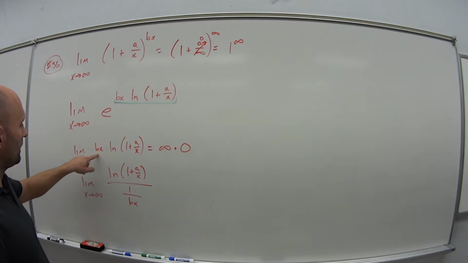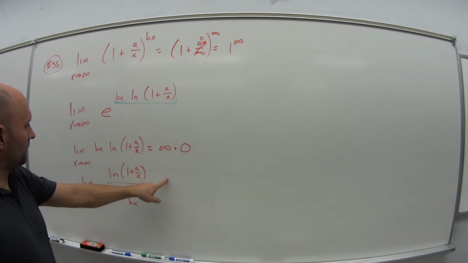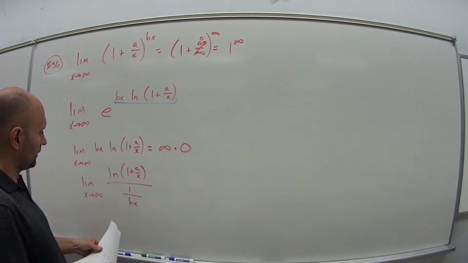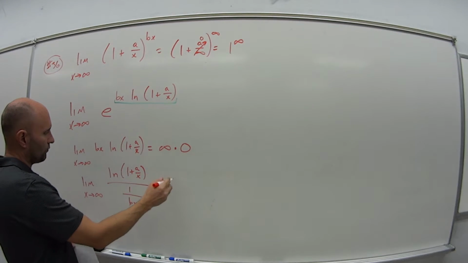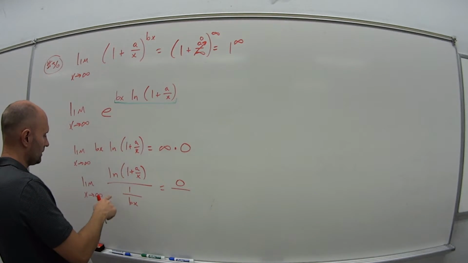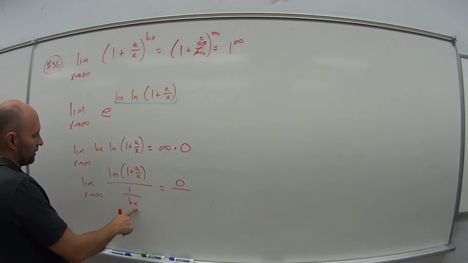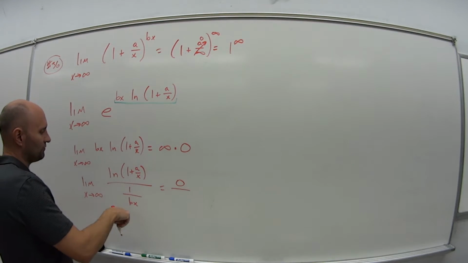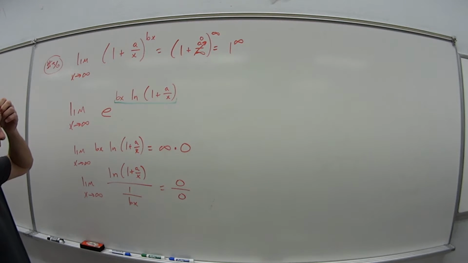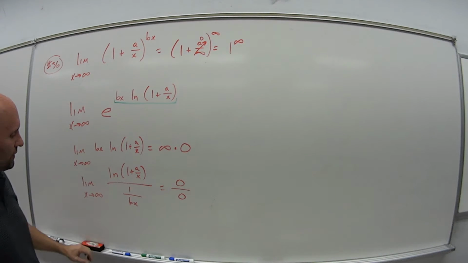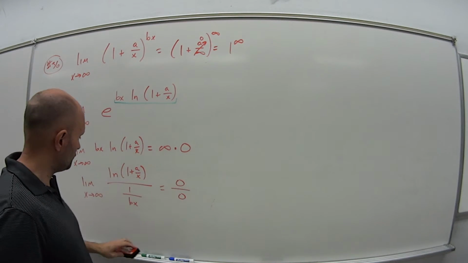So now I have 0 over, so let's do that. If I plug in infinity, this is natural log of 1, which is 0 again, all over, if I plug in infinity here, I have 1 over infinity, which is approaching 0. So this is now 0 over 0. So now this is the function that I can apply L'Hopital's rule to.